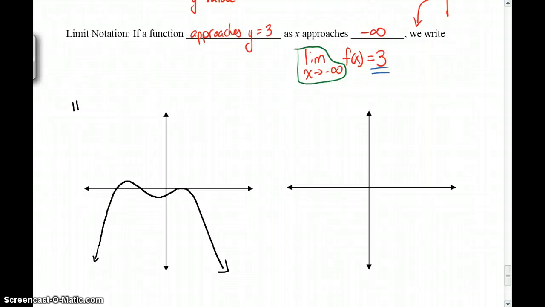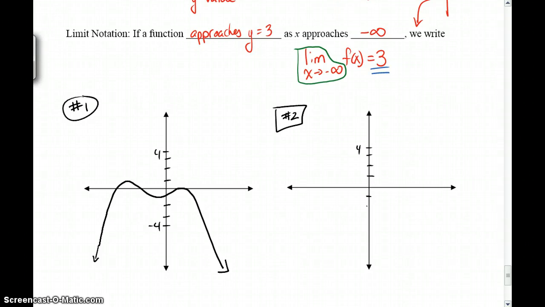So here we'll call this end behavior number 1, and end behavior number 2. We might have a graph that looks like this. 1, 2, 3, 4, and negative 4.